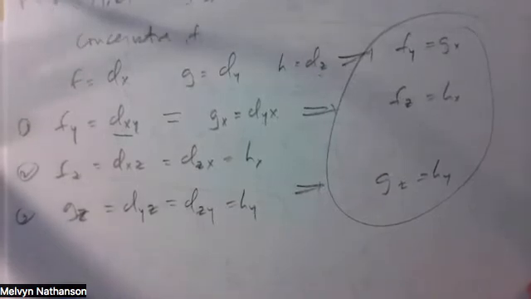And the converse is also true. If these conditions are satisfied, then we have a conservative vector field.